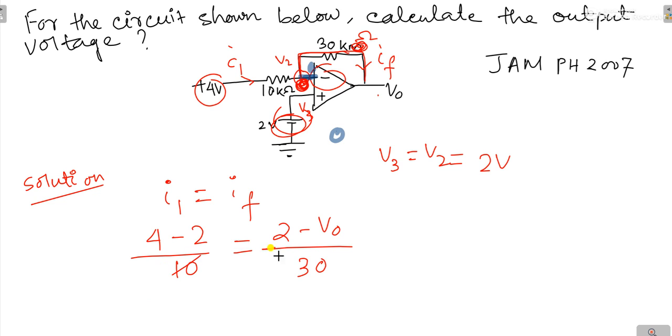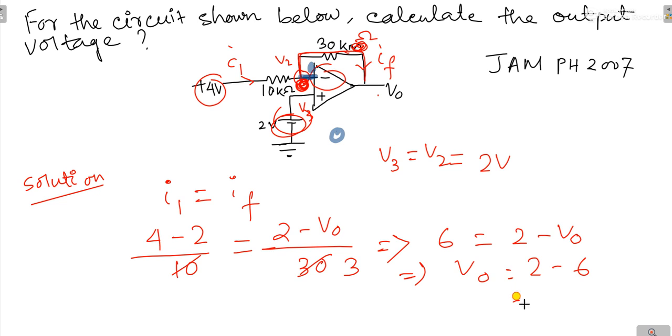So this is 3, that implies 6 is equal to 2 minus V0. Sorry, V0 is equal to 2 minus 6, which is minus 4 volt.